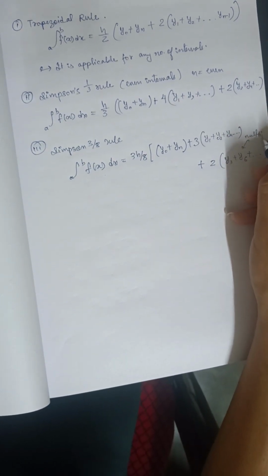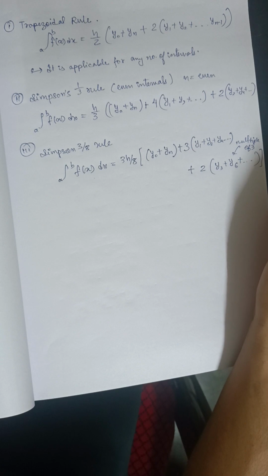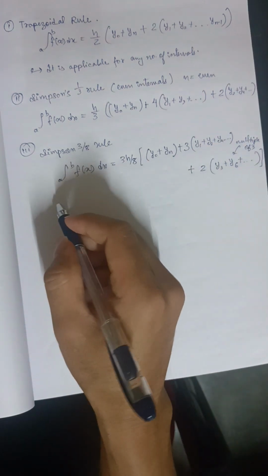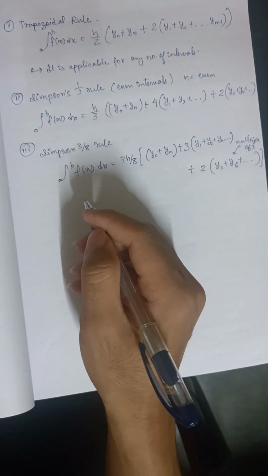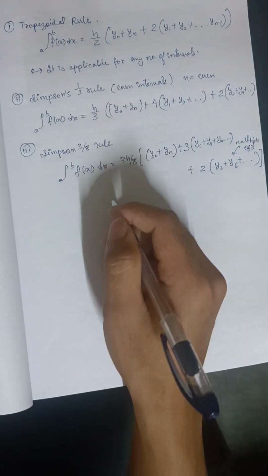So you can remember all these formulas in this way. Always remember that if no intervals are given in the question, we can take it as 6, so that we can use all these 3 formulas.